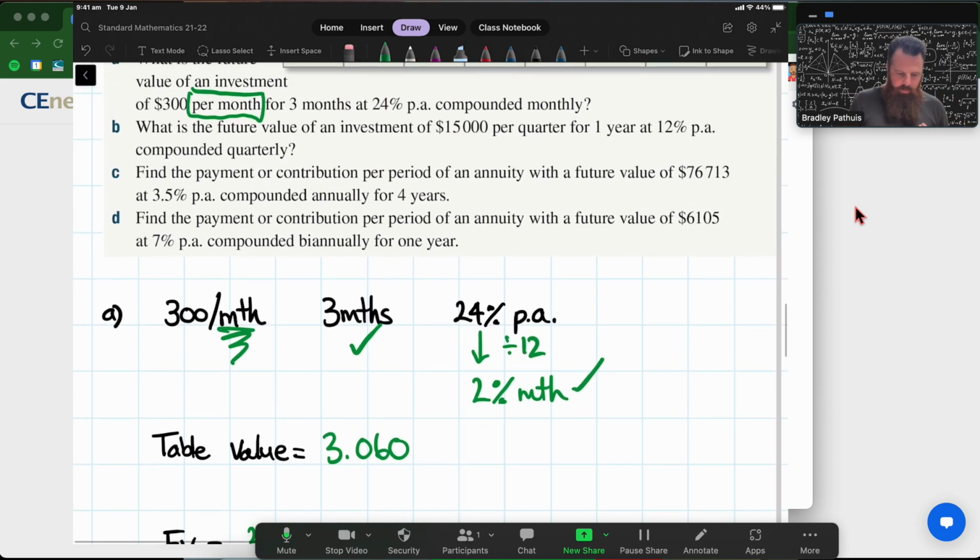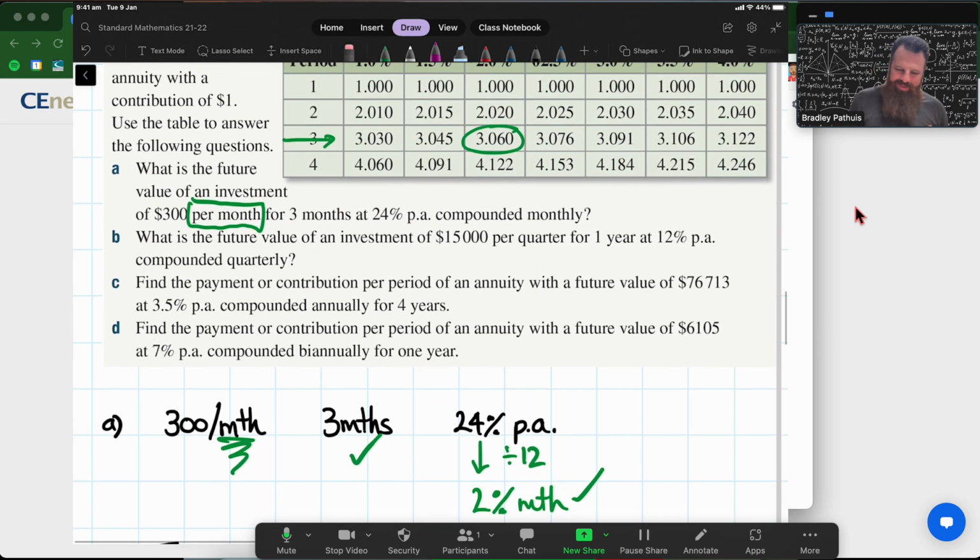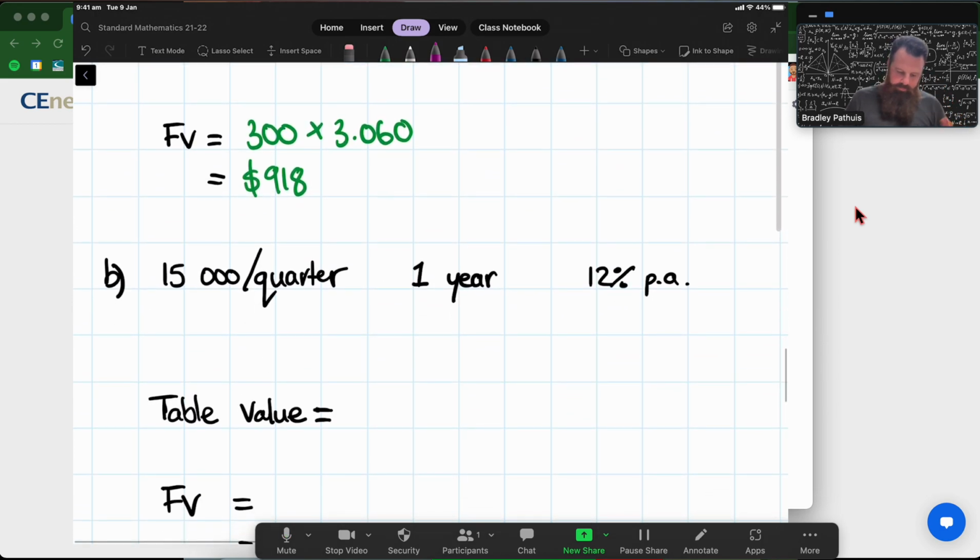Moving on to question B. Question B says, what is the future value of an investment when it is $15,000 per quarter? So quarters, we've got to think about, for 1 year at 12% per annum compounded quarterly. Well, 1 year has 4 quarters in it, and 12% per annum, we need to divide that by 4. So that's 3% per quarter.